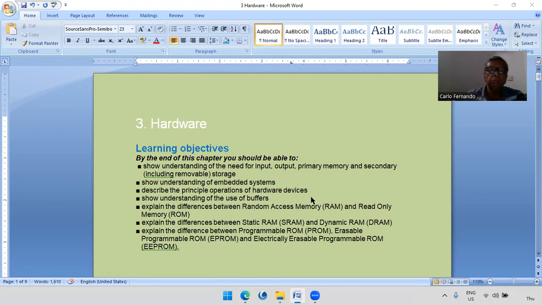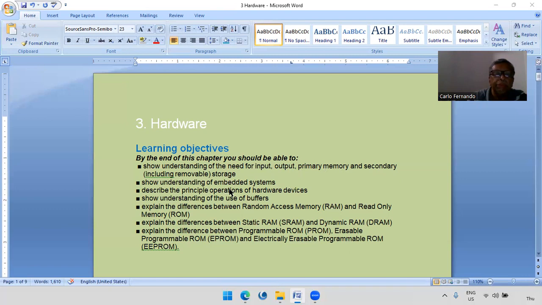The inputs are there, the processing will take place, and then the storage, and then the output. Storage is primary memory, that is RAM and ROM, and the secondary memory, hard disk, SSD, all the removable things, CD, diskette, floppy disk, pen drives, all those things.